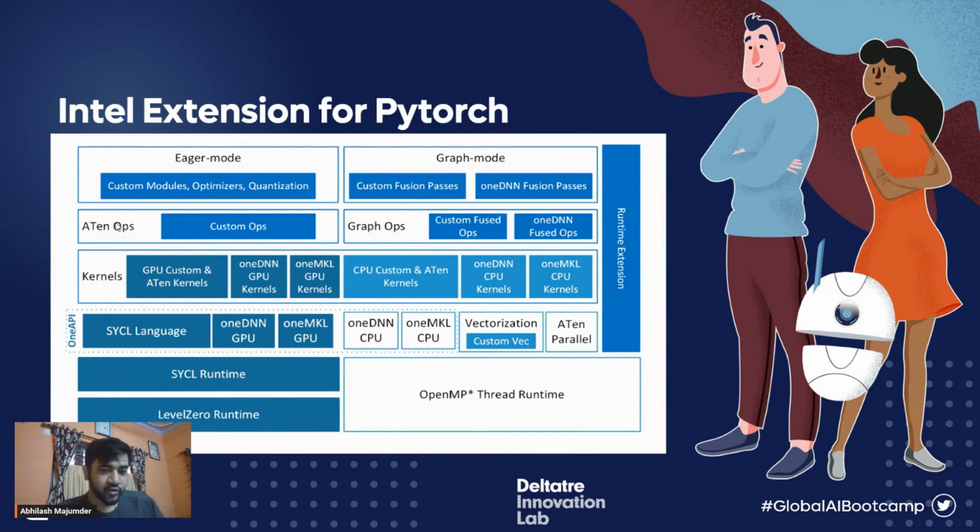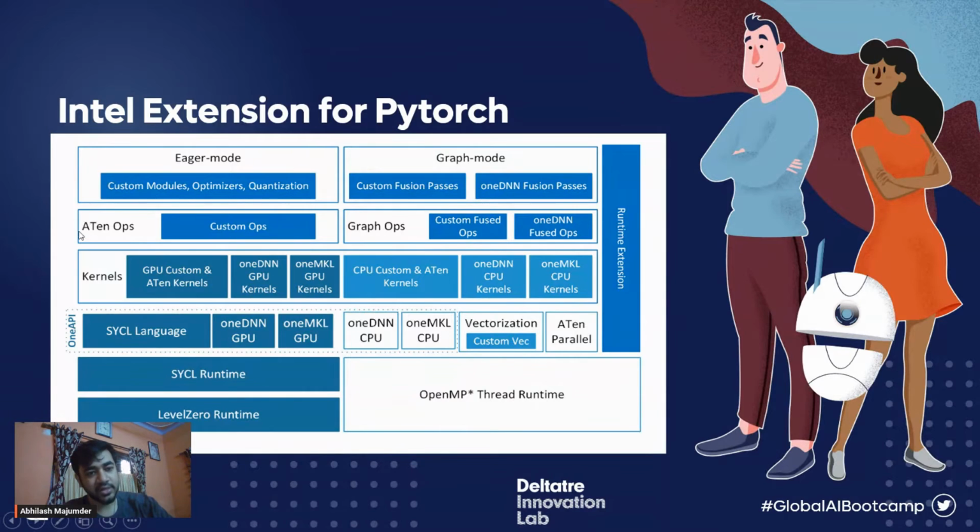Now if you see this, this is the broad overview of the architecture. For example, this eager mode and graph mode is nothing but what we see in standard PyTorch. If you remember, this is the Python API on which we write our code, just like normal Python.